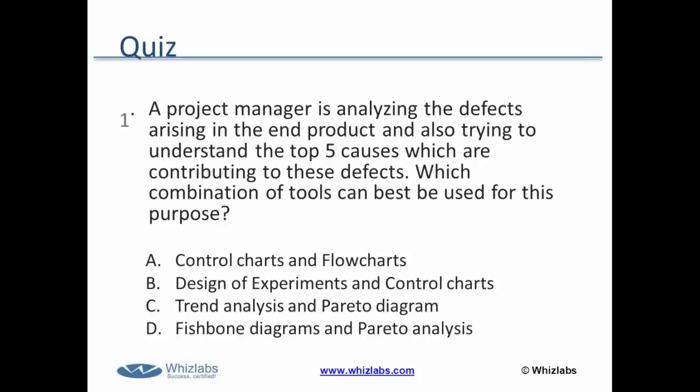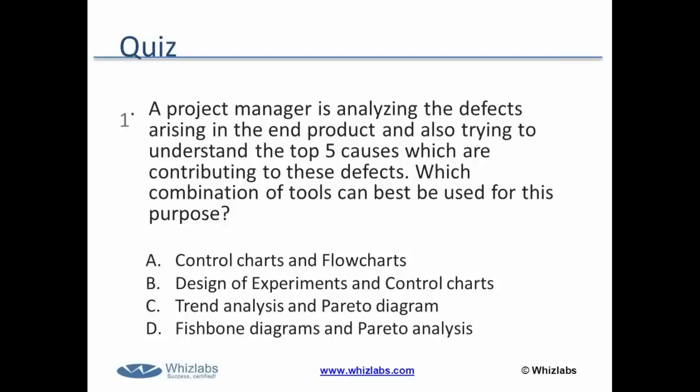Okay, I got correct answer from Gauri. Gauri said D. Rich said D. So D is the correct answer. Here, fishbone diagram. Let's read the question one more time. A project manager is analyzing the defects arising in the end product and also trying to understand the top 5 causes. If you're trying to find out the defect in your problem, that means you are doing root cause analysis.